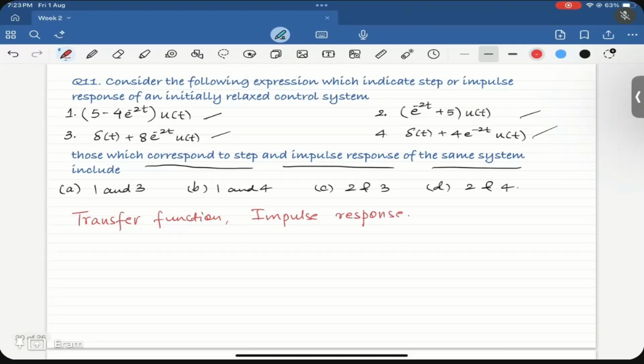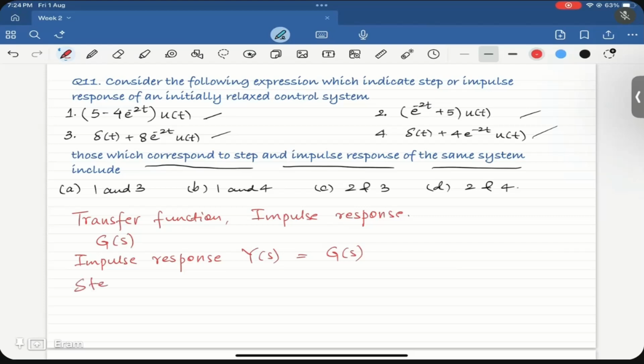So for any transfer function G of s, the impulse response, if I denote it as Y of s, will be the same as the transfer function.